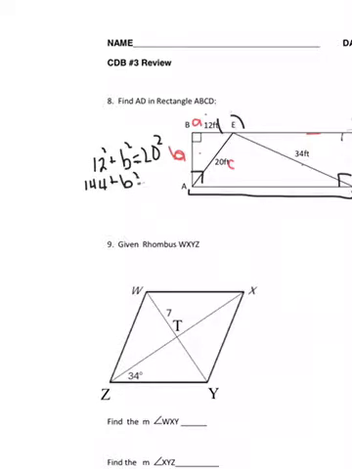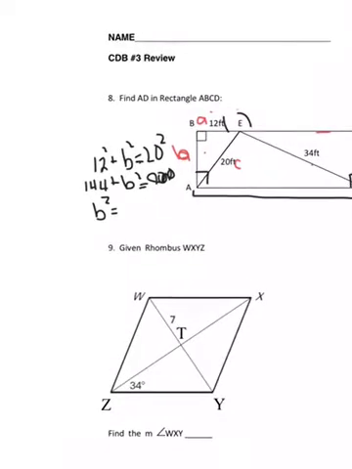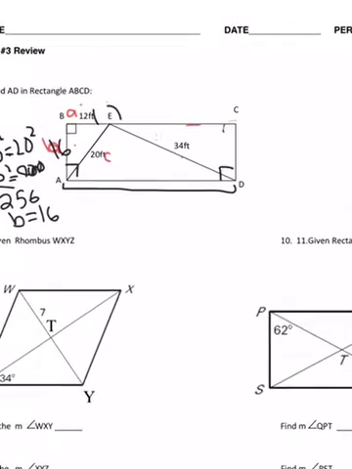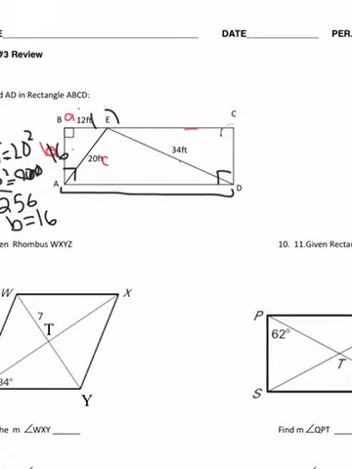Plus B squared equals 400. Wow. You're going to subtract: 400 minus 144 is 256. 16. Well, that's 16 here, 16 there.